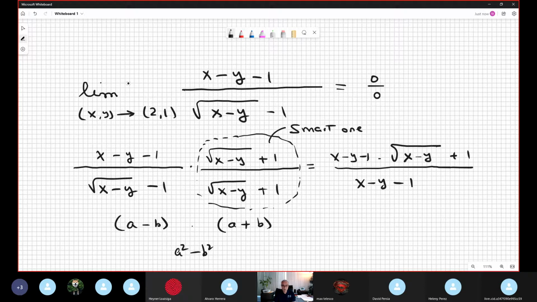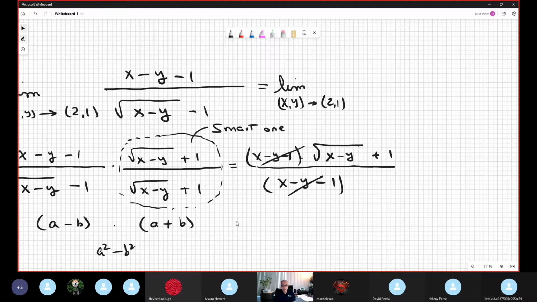It's obvious that this factor and this factor cancel out. Now we discover that that limit is equal to that limit. Now I copy this expression, square root of x minus y plus 1.